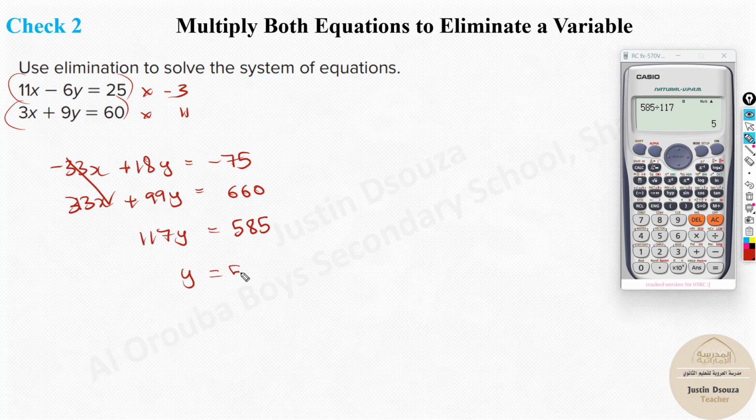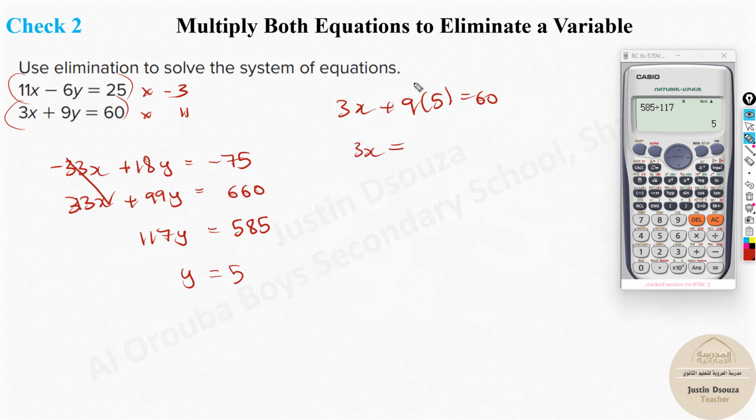So y equals 5. Now just substitute this in any of the equations and solve. I will choose the below equation. Even the above is fine, because this is 11, so it's easier, because 11 tables is easy. But anyways, 3 times x plus 9 times y, that is 5, equals 60. So 3x remains.